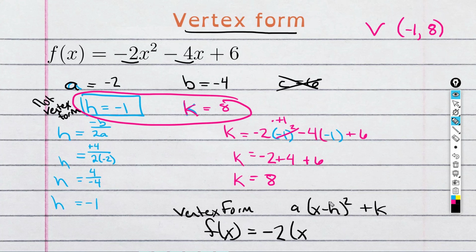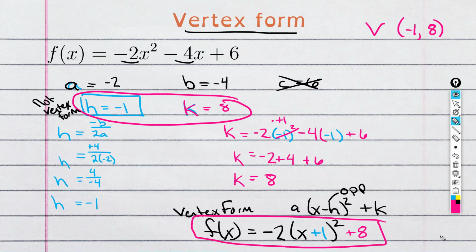X, remember this is going to be kind of like the opposite of h, so +1, squared, and then my 8 gets added to the end. And so this is your vertex form. But you use that to help find your vertex. So the purpose of vertex form is to help you find your vertex and easily graph.